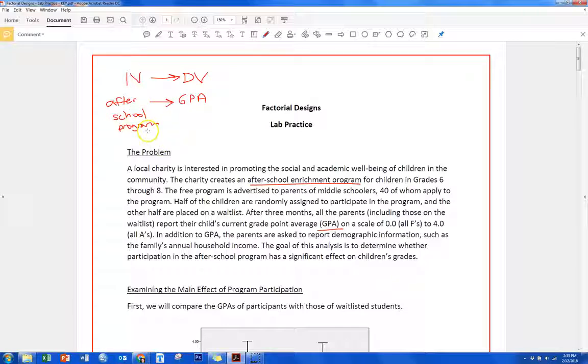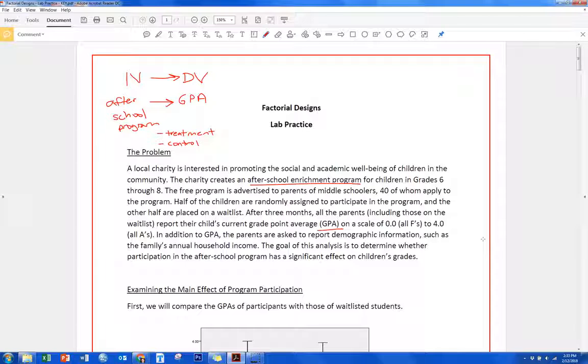This independent variable has two levels. We have the treatment condition, and these are the children who went to the program, and then we have a control group. These are children whose parents wanted to enroll them in the program, but they were placed on a wait list. That means that they're going to do it later. So a wait list is a way of ethically running an experiment where you don't deprive these kids of the benefits of the program that you think there's going to be benefits, so they don't miss out.